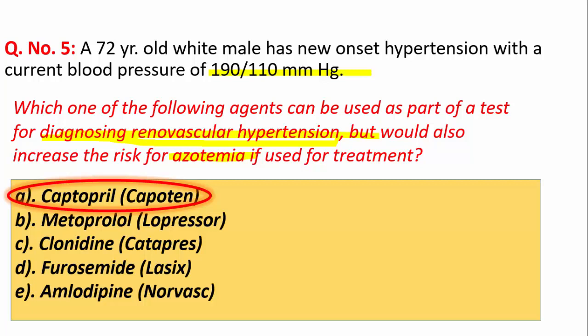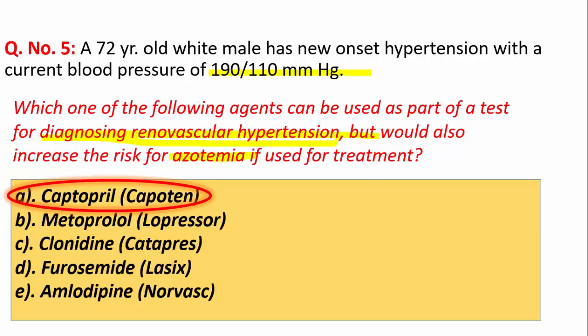But at the other end, if the kidney is already in a compromised or failure state, these drugs also increase the risk for azotemia if used for treatment. How? Because hyperkalemia is an associated problem, and captopril renography is a useful diagnostic screening test.